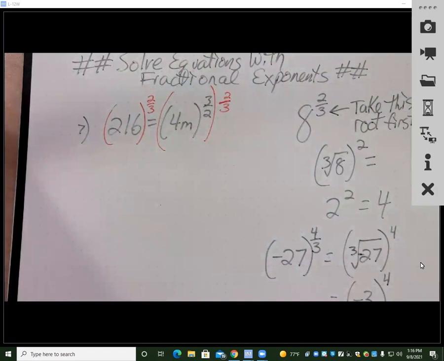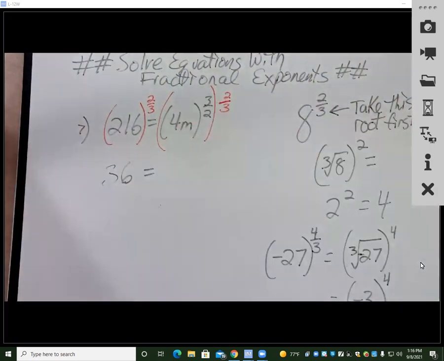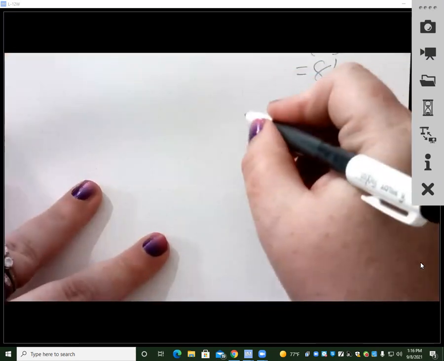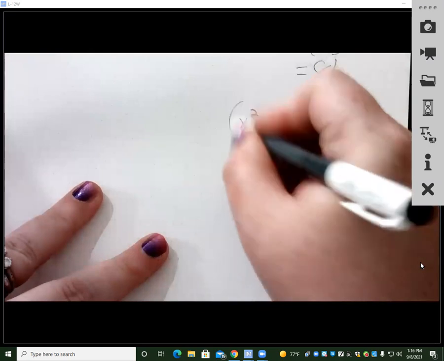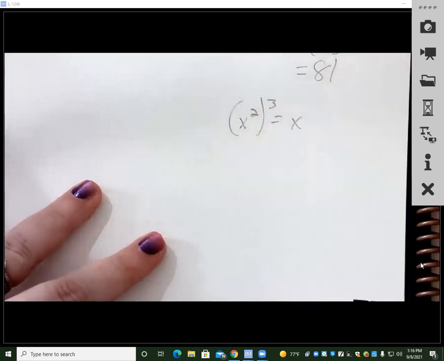So on the left, we have 36. On the right, do you remember what happens when you raise a power to a power? Let me do a side note. If I give you x squared to the 3rd, that's really x to the 6th.